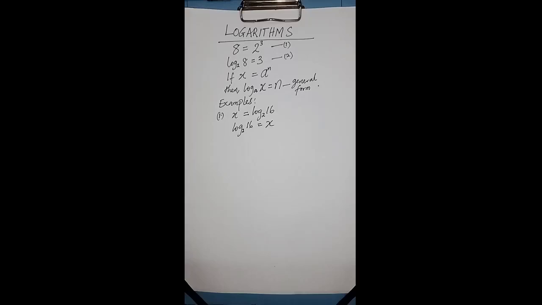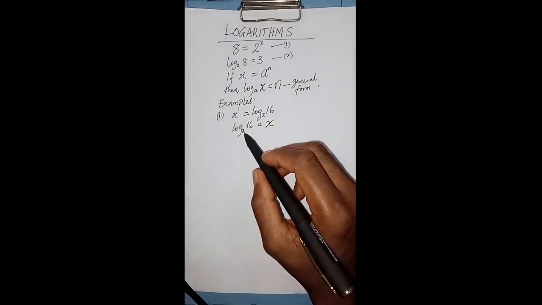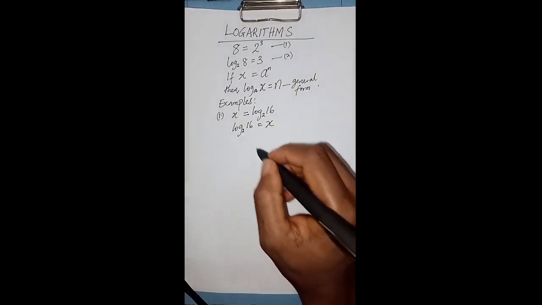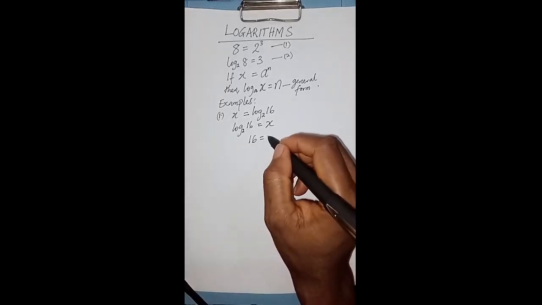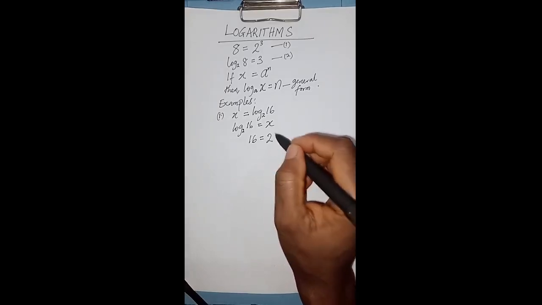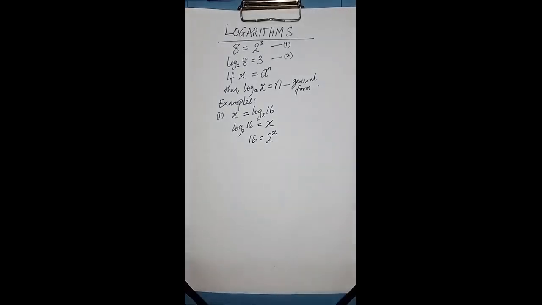Now, if I'm going to solve this question, what do we do? The base is 2. So it's going to be 16 equal to the base, and then the x will be the power. I hope this will be easier to comprehend now.